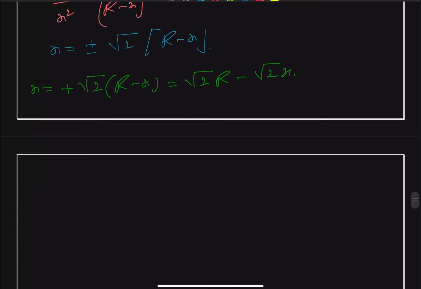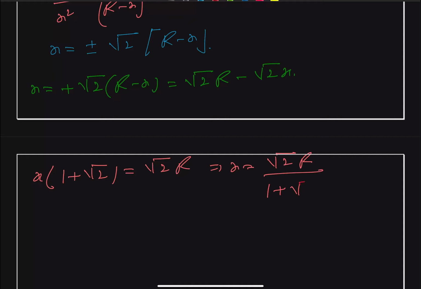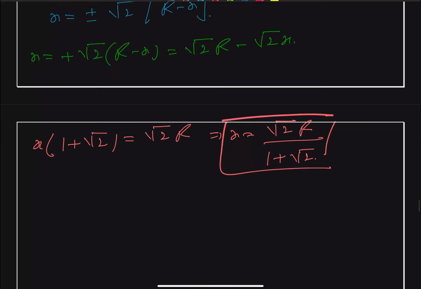So now we can easily find out our value of x. Taking x as common, this comes as 1 plus square root of 2 is equal to square root 2 multiplied by R, which gives us that x is equal to square root 2 divided by 1 plus square root of 2. So this is from the first part. And similarly from the second part we get x is equal to square root of 2, and this comes as square root of 2 minus 1.